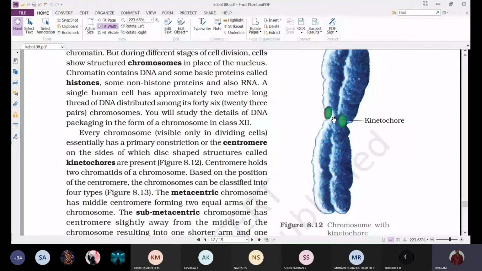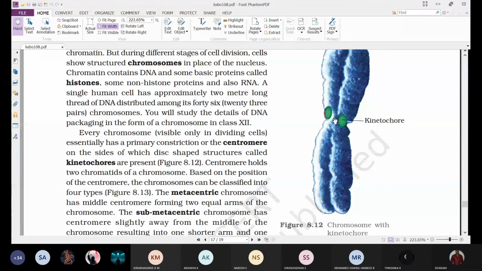And next, the centromere holds two chromatids of a chromosome. Each chromosome consists of two chromatids, and these two chromatids are held by the centromere.